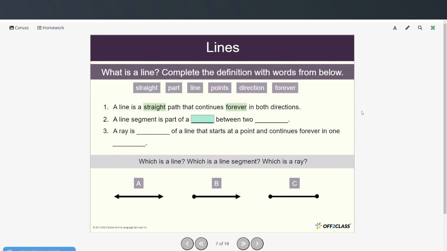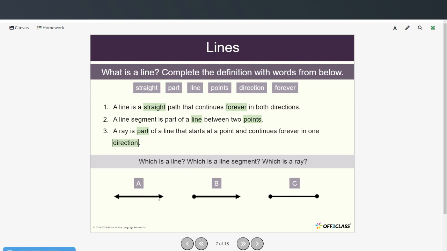A line segment is part of a line between 2 points. And a ray is part of a line that starts at a point and continues forever in one direction.